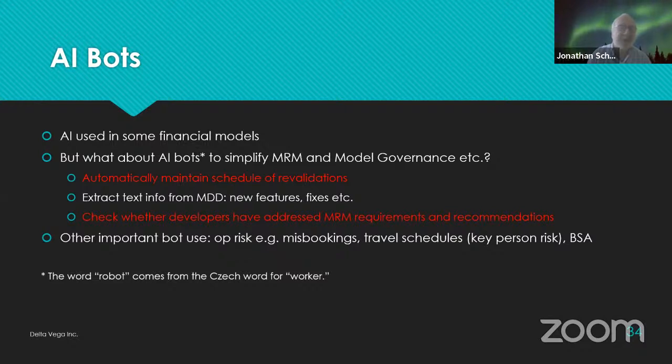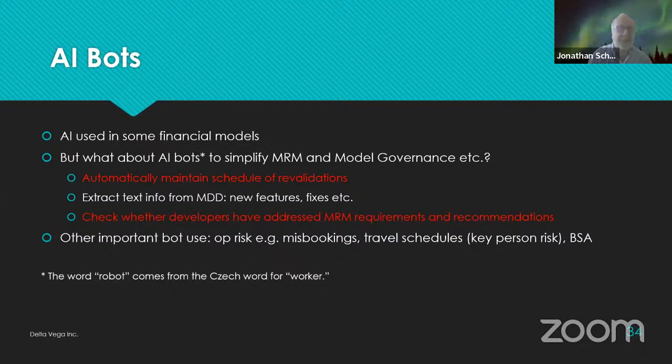It can also extract text from the model developer document. And there can also be a lot of limitations set on models. Limited trading authority, for instance. I'll talk about that in a little bit.